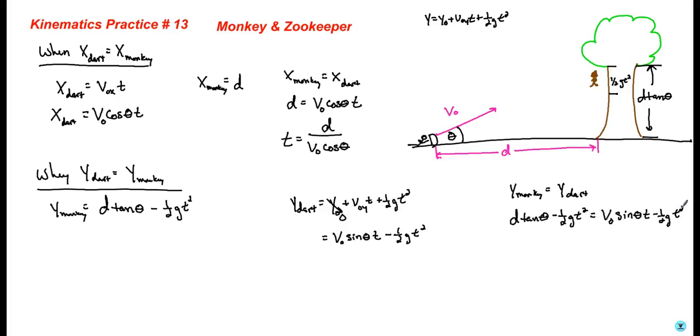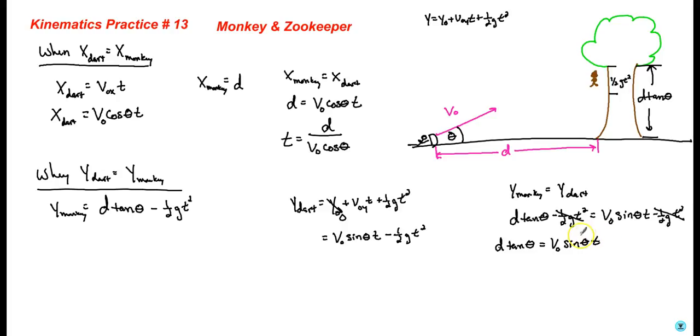And the nice thing we see is that the 1/2 gt squareds cancel out. Okay, so in this case, we know then that d tangent theta is equal to v sub o sine theta t. All right, that's lovely, so this will tell us when the two are at the same y position.